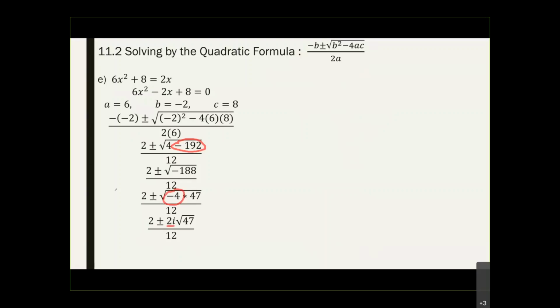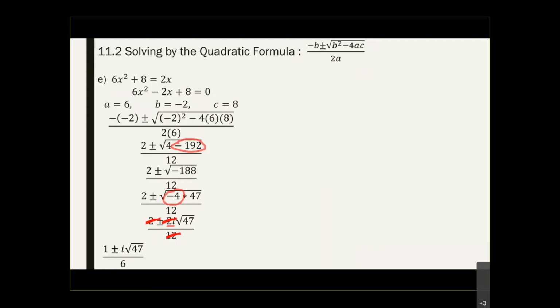So again, looking at this thing here, I have a 2 here. I have a 2, a 2 and a 12, which I can reduce, which is again 2, 2, and 12. I can reduce them to give me 1 plus or minus i square root of 47 all over 6. 2 going into 2 one time, 2 going into 2 one time, and 2 going into 12 is 6 times.